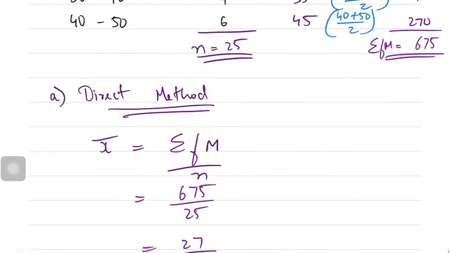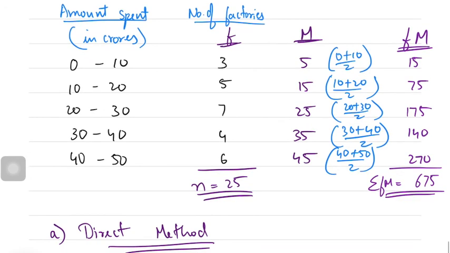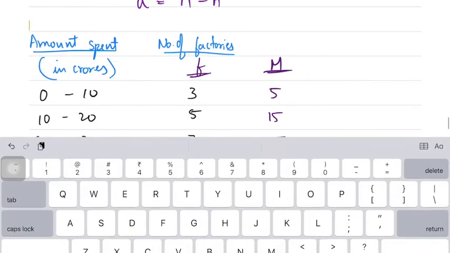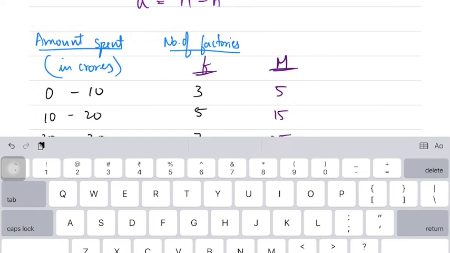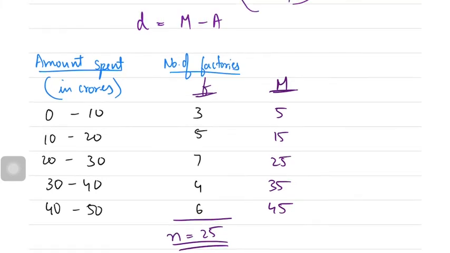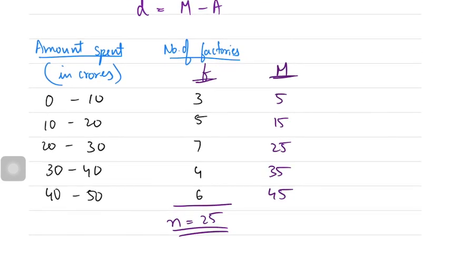Okay, so you have your f, you have your m. Okay. Now in case of deviation method, your next column will be d.